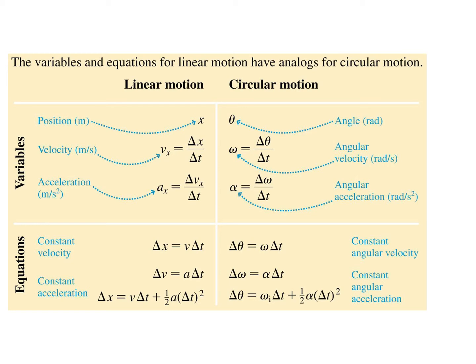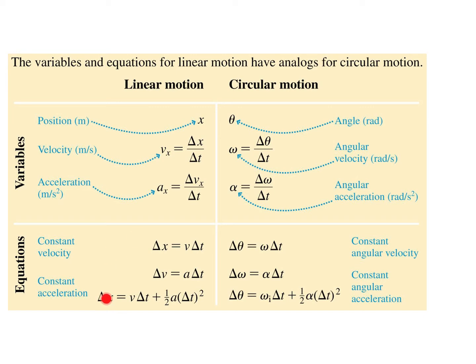So, for instance, position x becomes angle theta, and velocity, which is delta x over delta t, becomes angular velocity, which is delta theta over delta t. And acceleration, which is delta vx over delta t, becomes angular acceleration, which is delta omega over delta t.